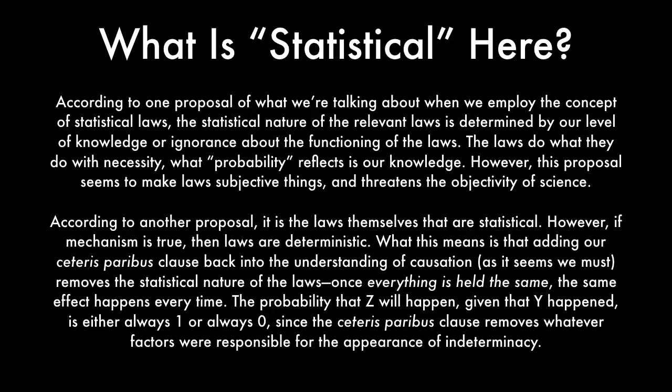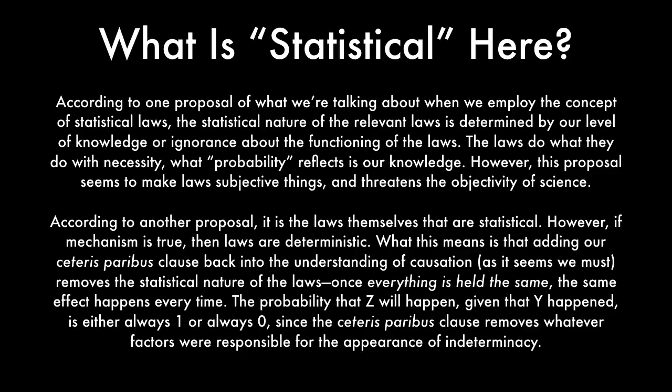According to another proposal, it's the laws themselves that are statistical. This is better. If we're going to use a conception of statistical, then we should have what's statistical be the world itself. However, if mechanism is true, then laws are deterministic. And what this means is that adding our Ceteris Paribus clause back into the understanding of causation, as it seems we must in order to understand causation as explanatory, removes the statistical nature of the laws again.